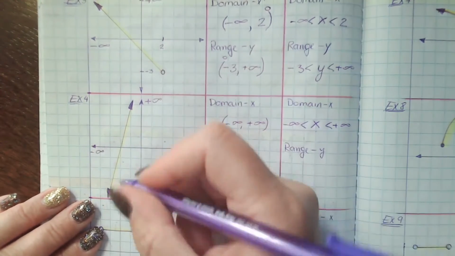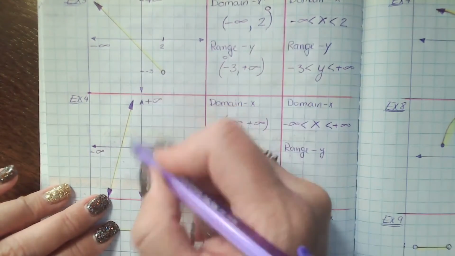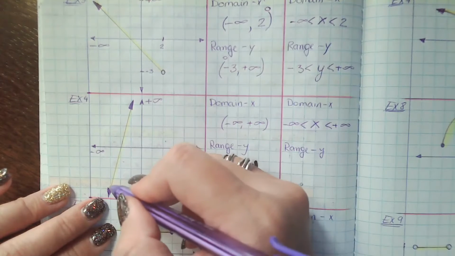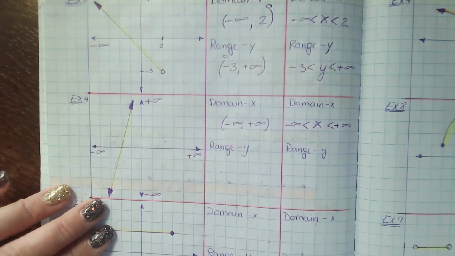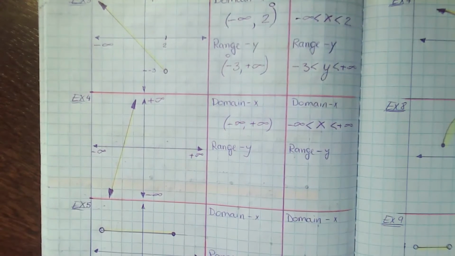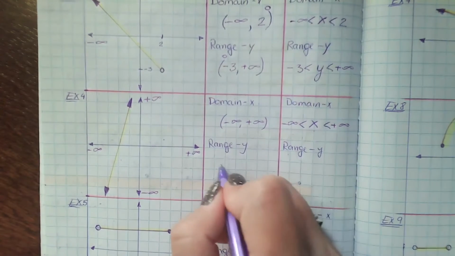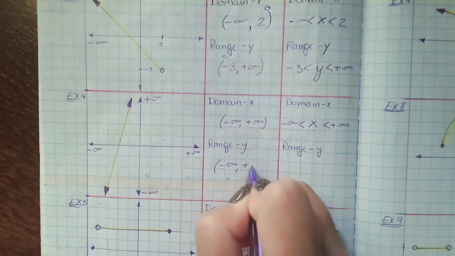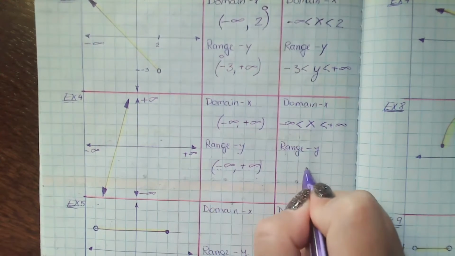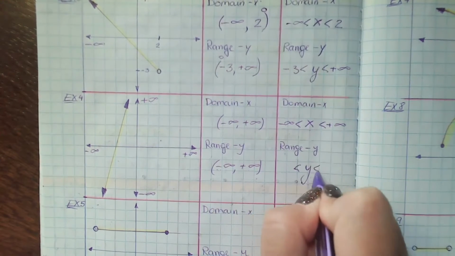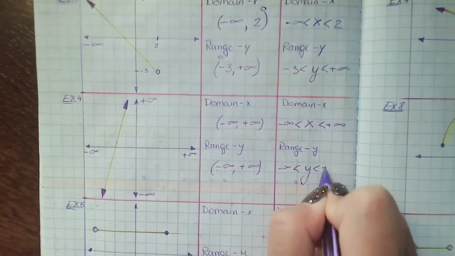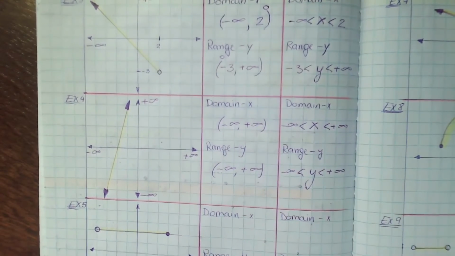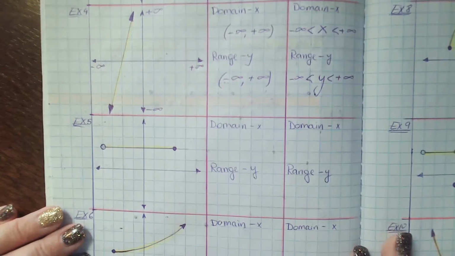Because the line is continuous, it is pointing up and down, so it's extended both for x and y values. So the range or the y values will be from negative infinity to positive infinity as an interval, and from negative infinity to positive infinity as an inequality or set notation.